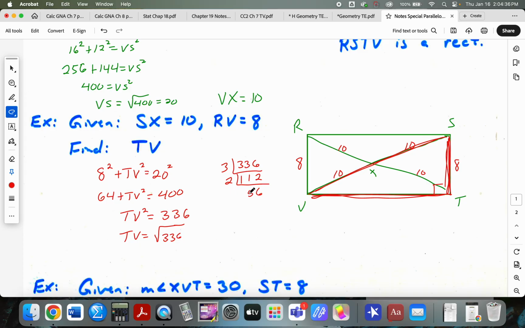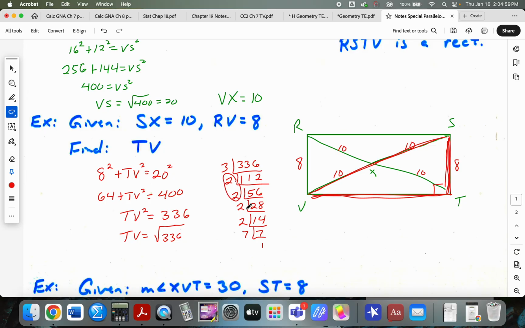So that's 56. 2 goes into 56 28 times. 2 goes into 28 14 times. 2 goes into 14 7 times. 7 goes into 7 once.